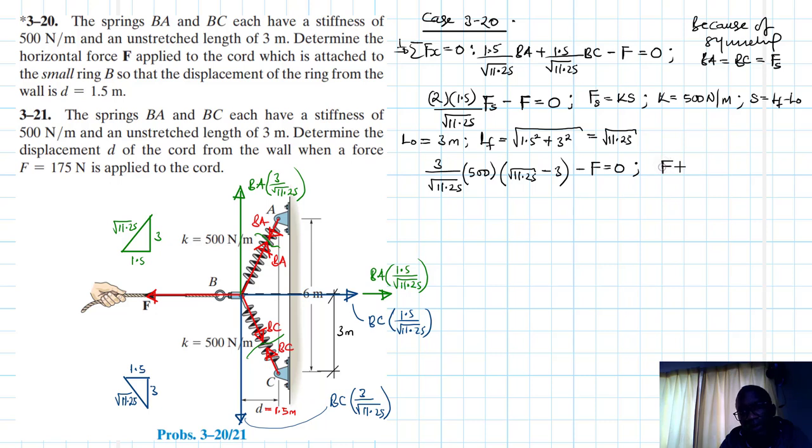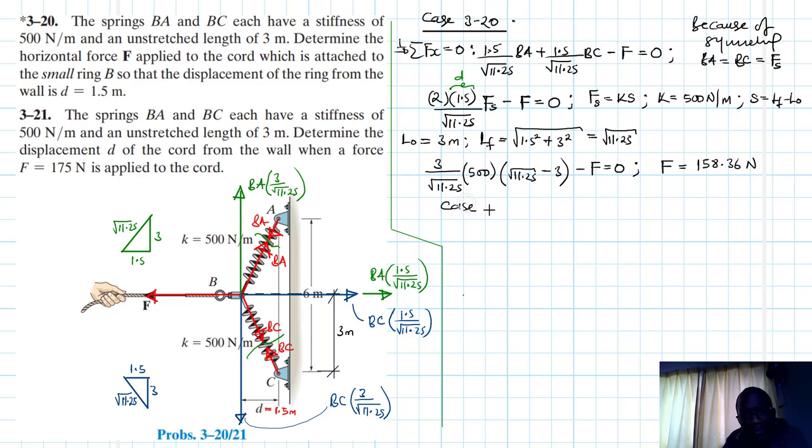And therefore our F is just going to be equal to root of 11.25 minus 3 times 500 times 3 divided by root of 11.25. So we have 158.36 newtons. Great. Let's go to case number 2.